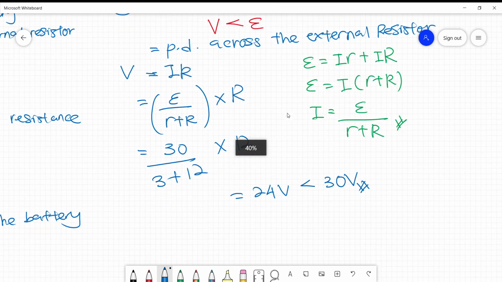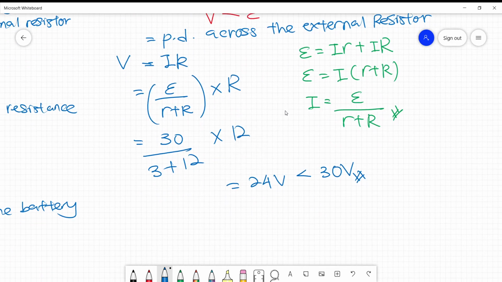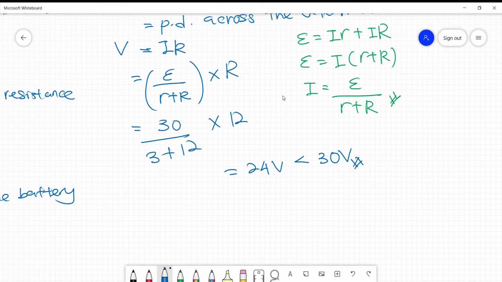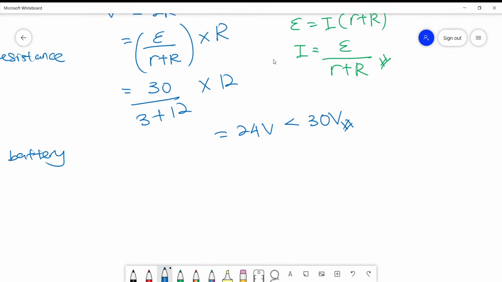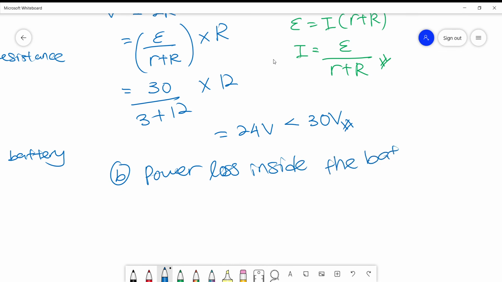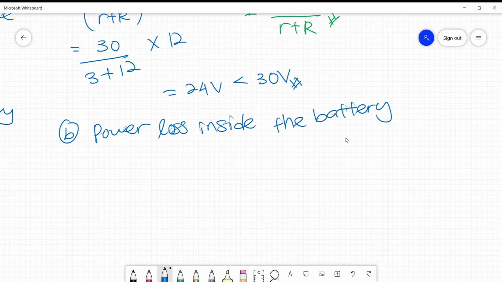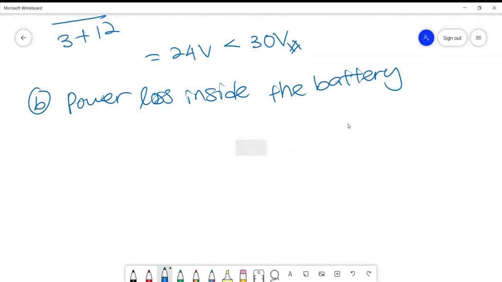Okay, for the second question, what is the power loss inside the battery? We are going to find out the power loss inside the battery.